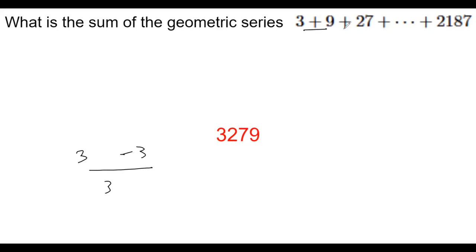R here is 3, since the common ratio between 9 and 3 is 3, 27 over 9 is 3, etc. So it's going to be looking like this, right?